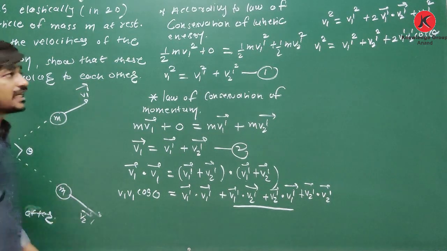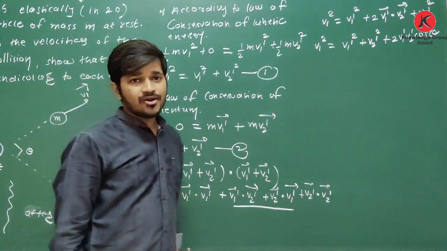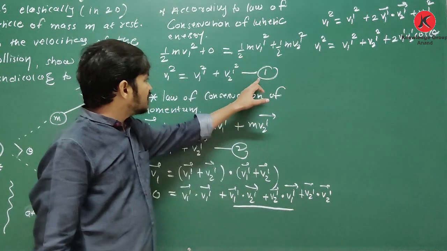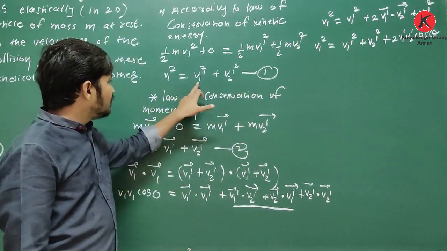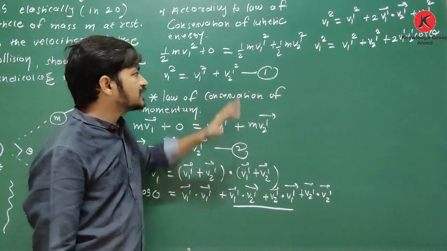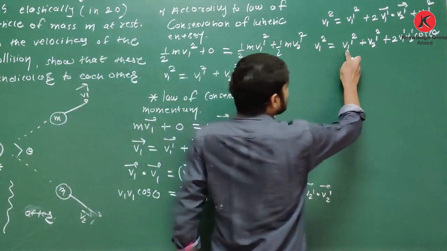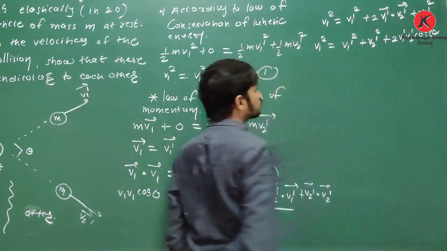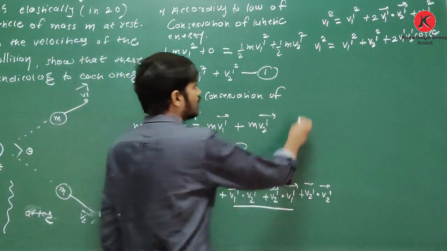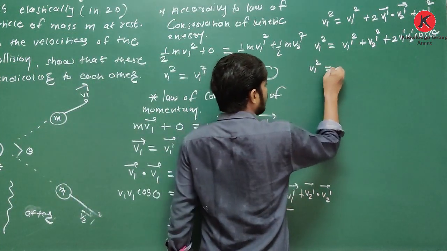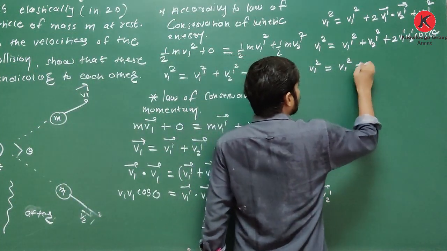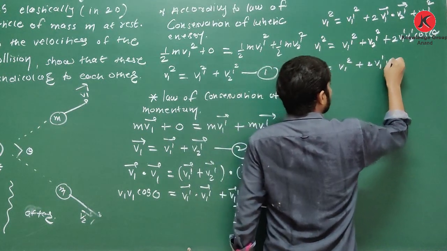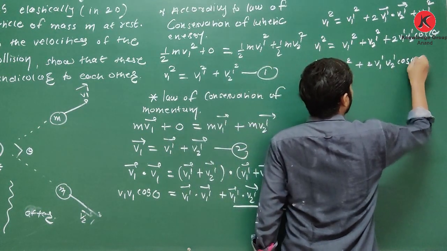It is theta. So yes, I can write like this. Now, see from equation number 1, V1 square is equal to V1 dash square plus V2 dash square. So I can replace V1 dash square plus V2 dash square by V1 square. So here it is V1 square is equal to V1 square plus 2 V1 dash V2 dash cos theta.